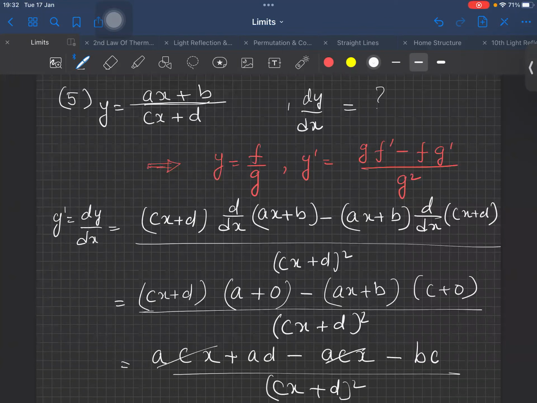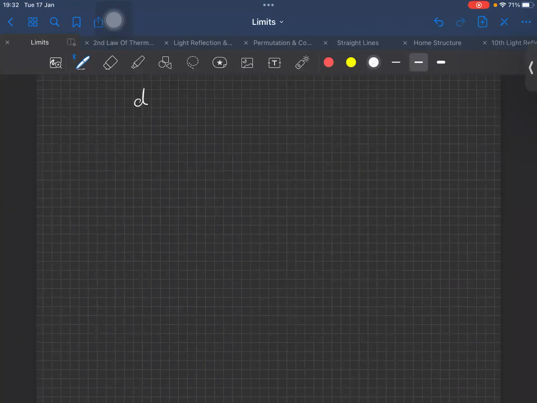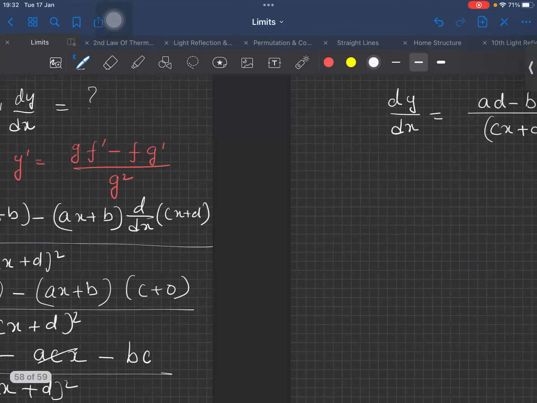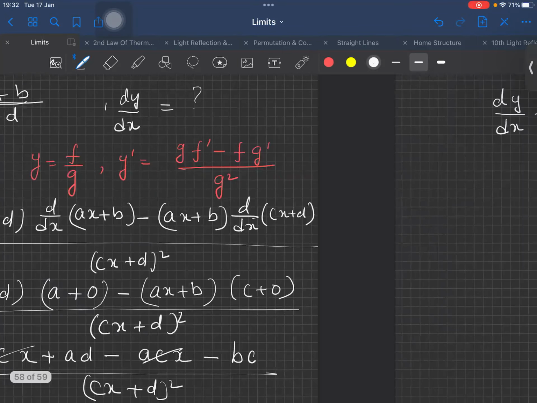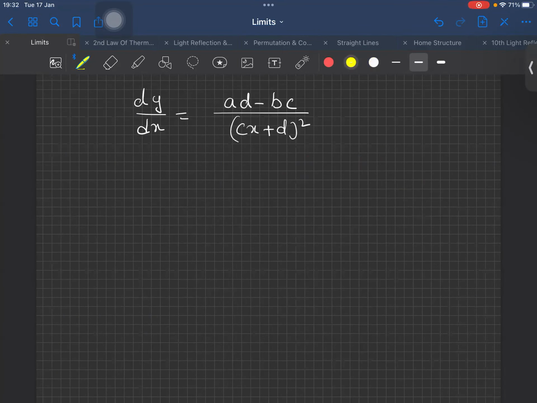So this will be ad minus bc. So dy upon dx will become ad minus bc upon cx plus d whole square. I think, yeah, cx plus d whole square. Okay, find out this.